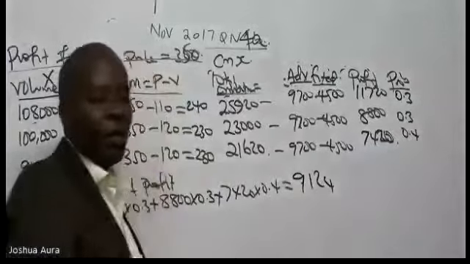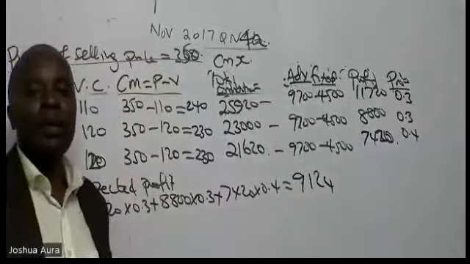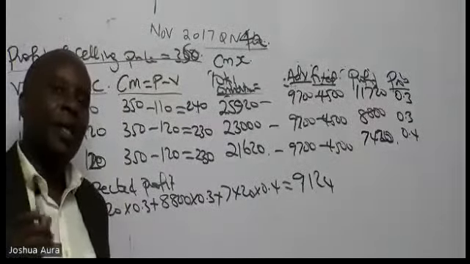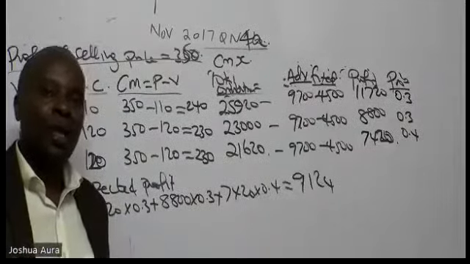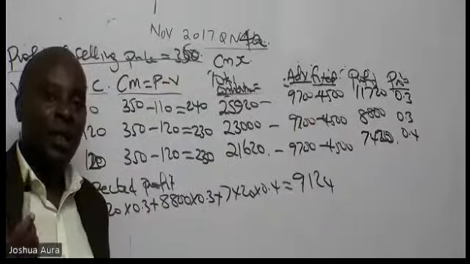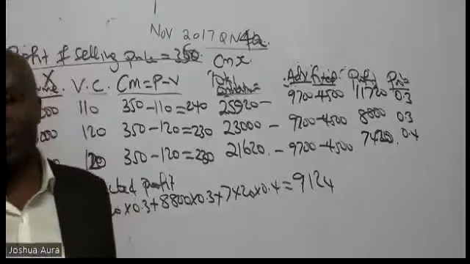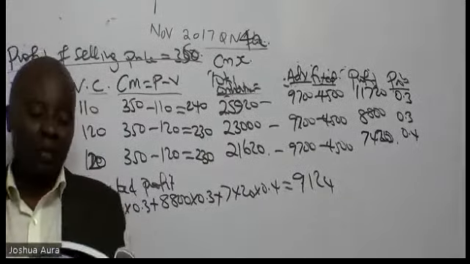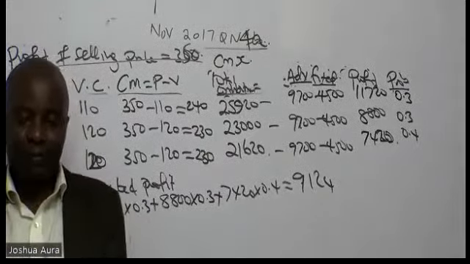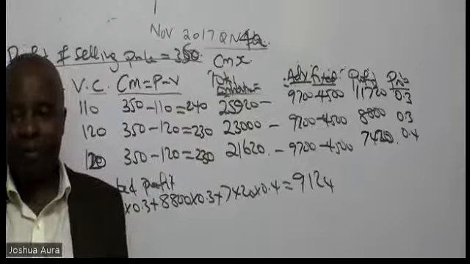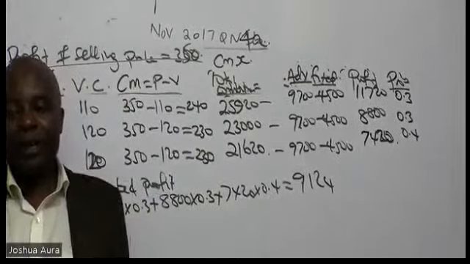Thank you so much. So, of course, the examiner wants you to advise them in terms of the price to select. The price to select here should be the one that yields a higher profit. So in between the two, you compare which price gives us a higher profit. I'm being told 350.